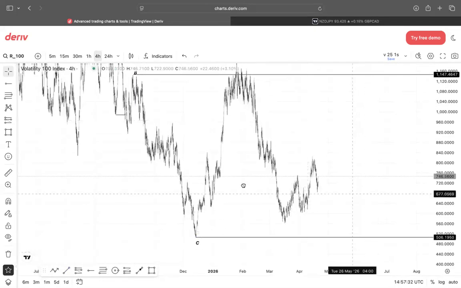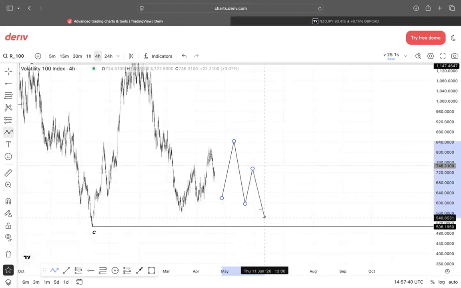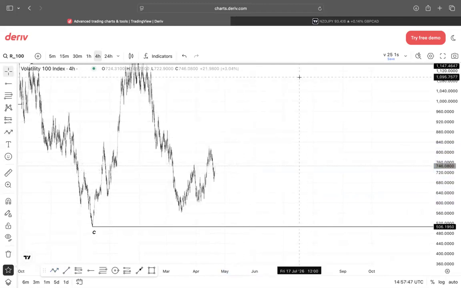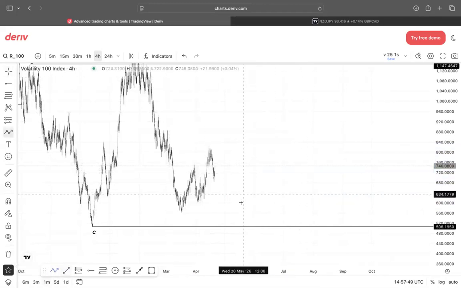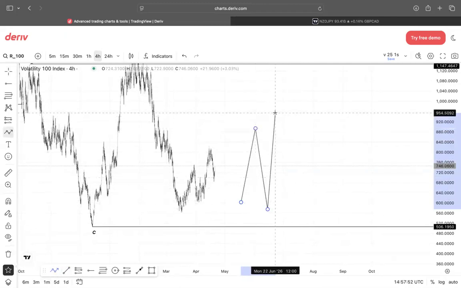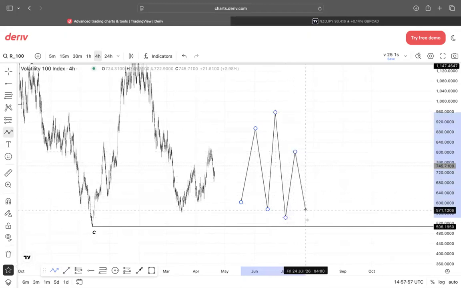So you know what we're waiting for? We're waiting for a setup like this, a sweep. Sorry, not like this. Let me do this. We're waiting for something like this: a sweep, now a break of structure, another sweep, another liquidity, and then a break of structure.